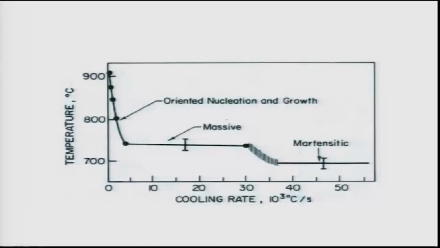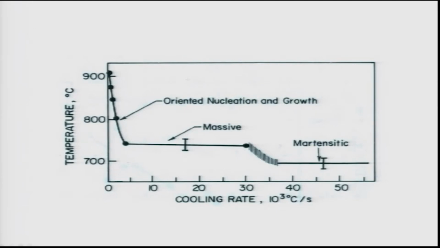This again shows a similar thing depending on the cooling rates. This is actually taken from steel, not from the copper alloys. As you see here, if you cool it slowly, you have orientation, nucleation and growth, that is precipitation. If you cool it a little faster, you have massive. And if you cool very fast to a much lower temperature, you can have martensite transformation.